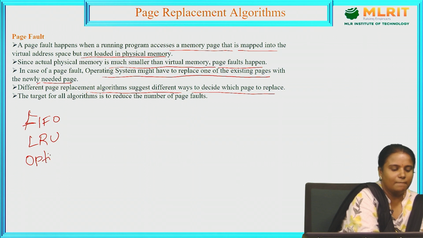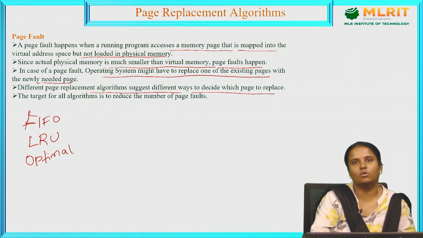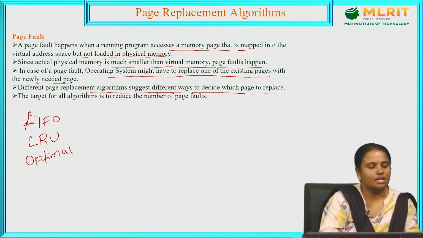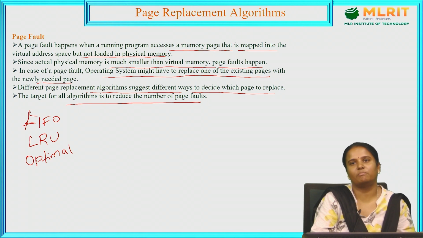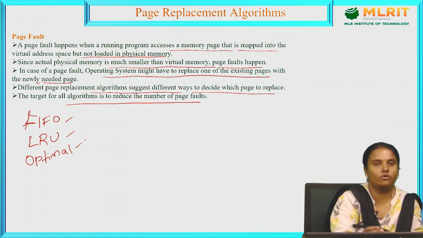These are the 3 page replacement algorithms used to decide which pages to replace, based on the suggestion made by the algorithms. The target for all algorithms is to reduce the number of page faults. So we need to reduce the page faults for a page replacement algorithm to be successful. So these are the 3 algorithms we are going to see now.